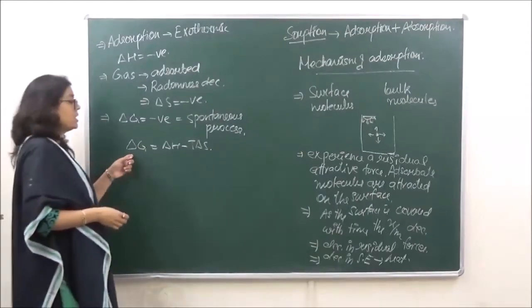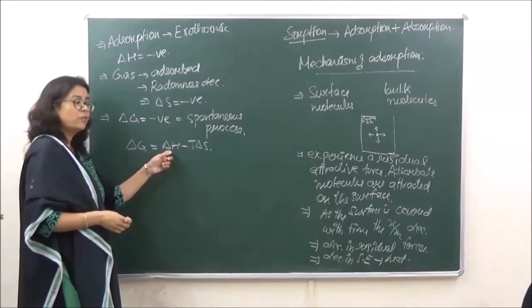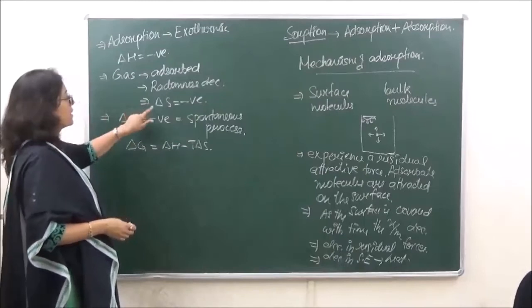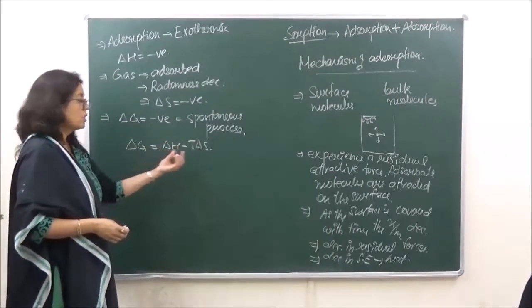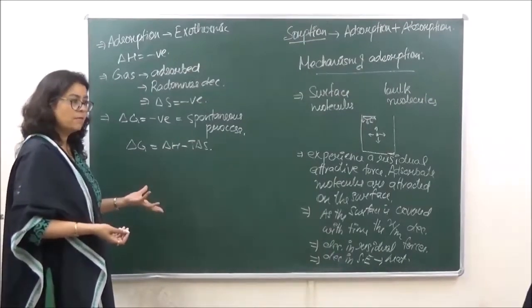Right? Now delta G will be negative when the value of delta H is negative, isn't it? Because what are we saying over here? That delta S is negative. Negative and negative will become positive. So the quantity T delta S over here is going to be positive.